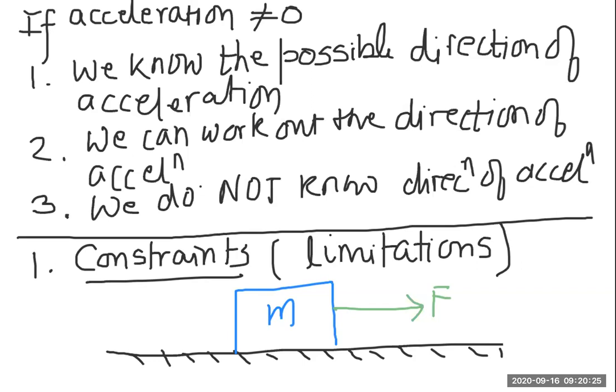Then the limitation or the constraint here on the block, the constraint is always on the object which will move. The constraint on the block is, can you guess what it is? हाँ भाई, फ्रिक्शन कहीं नहीं है, फ्रिक्शन अभी हम बात ही नहीं कर रहे हैं. The constraint on the block is what?